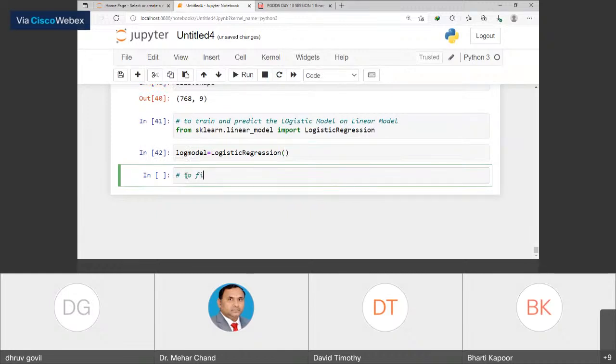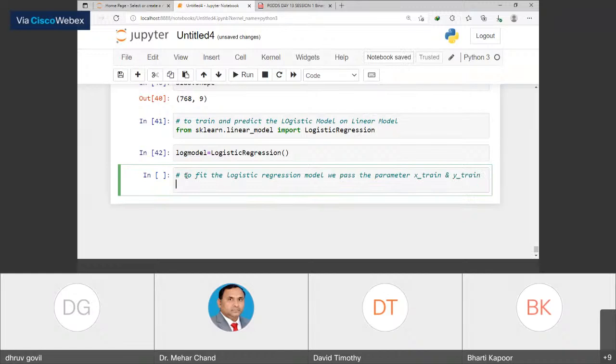Fit the logistic regression model with X_train and y_train as parameters in the log model. We prepare the log model with logistic regression, random state 42. Then we can call dot fit, because we are trying to fit the model.